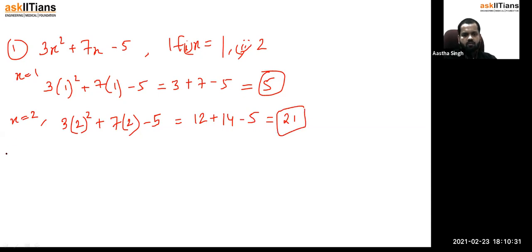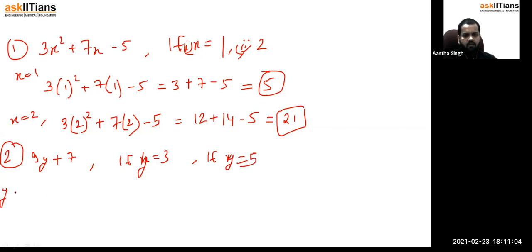So let's suppose the second question is 9y plus 7. This is an expression we have to calculate if y is equal to 3 and if y is equal to 5. For the first case, y is equal to 3.